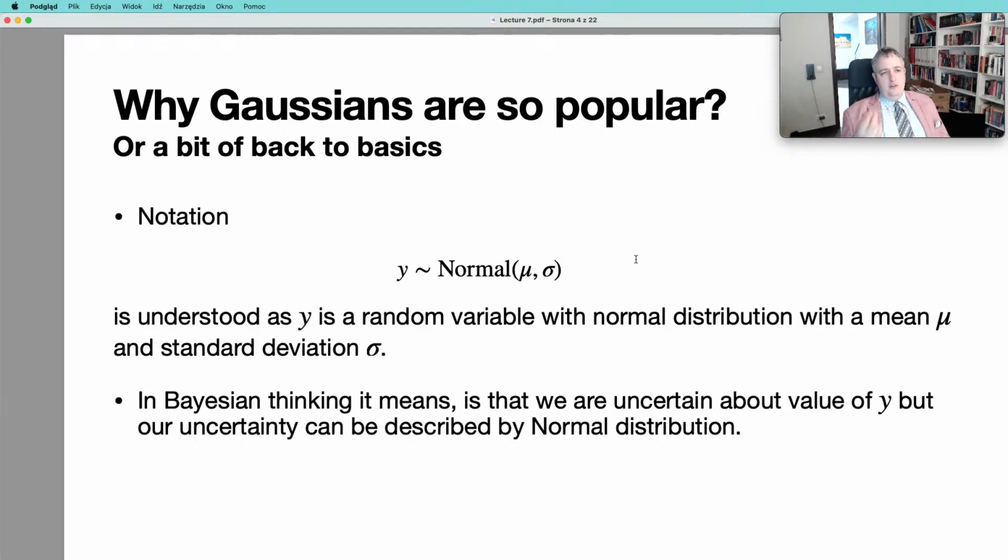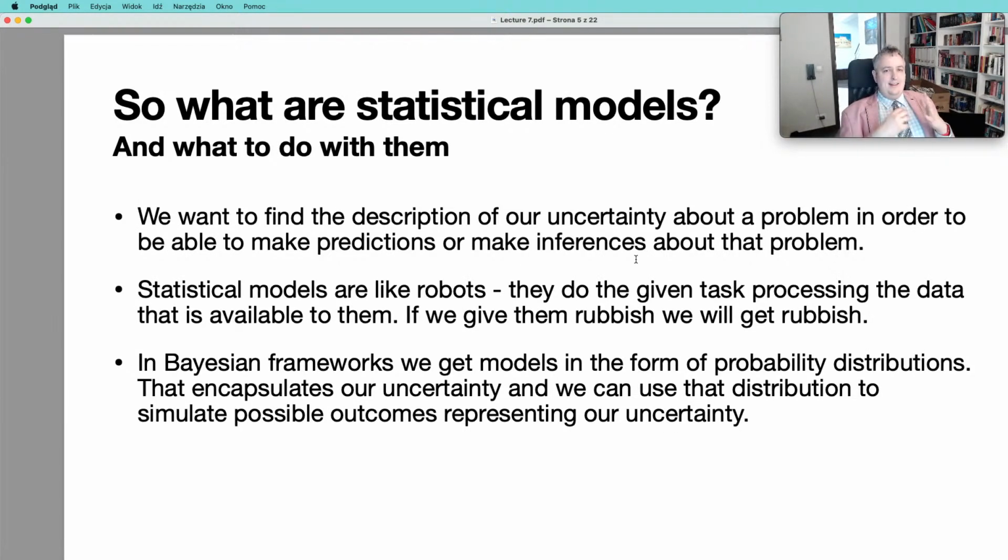So we have two parameters that give us the coverage of variable y, and generally we always want to find a description of our uncertainty about the problem, because knowing that, we can make inferences or predictions with margins of safety, because in a situation of uncertainty we almost never are able to exactly predict the value of interest.